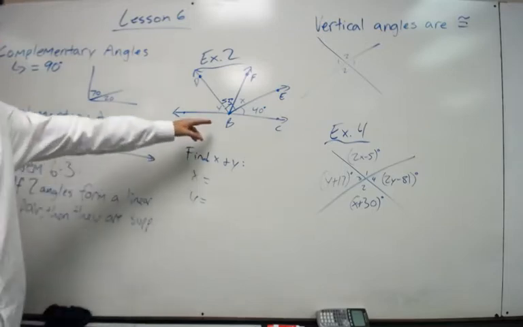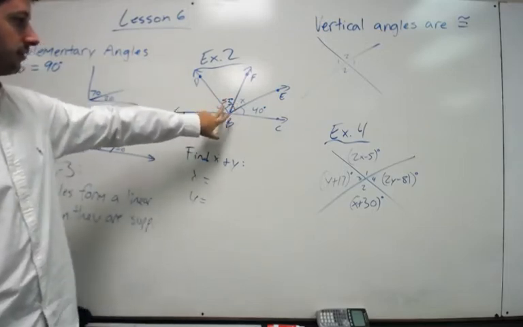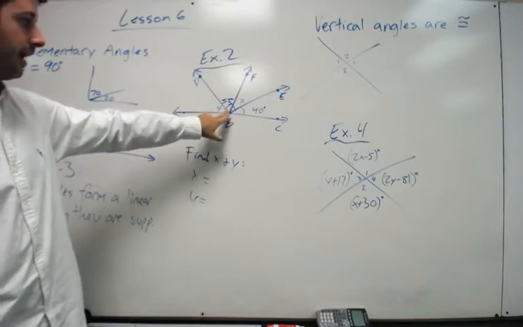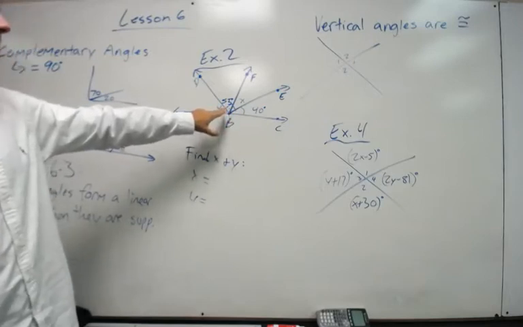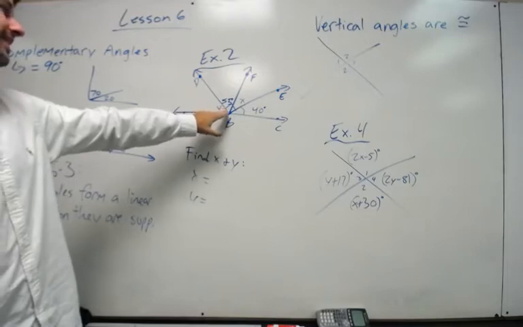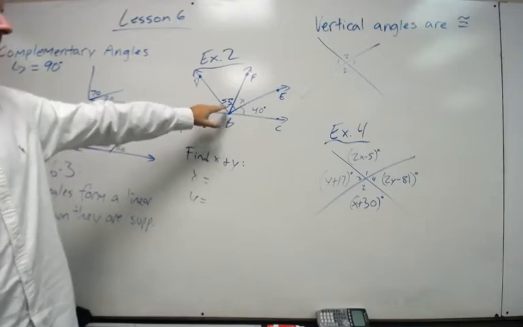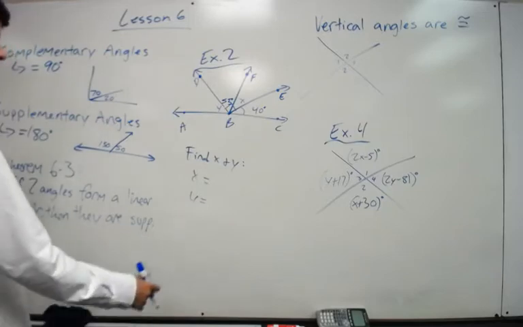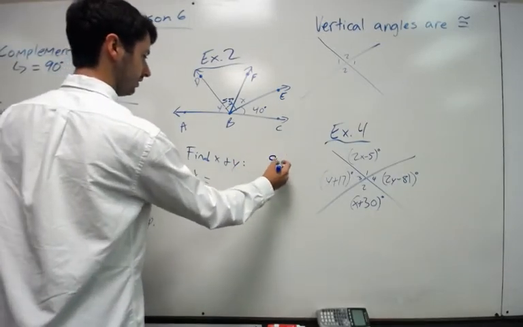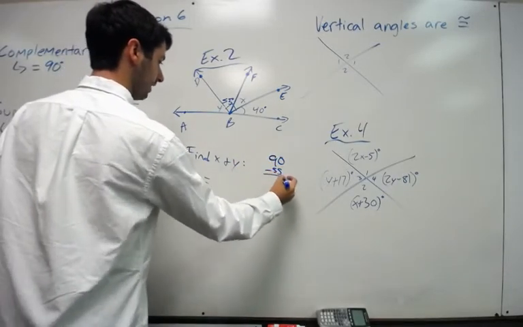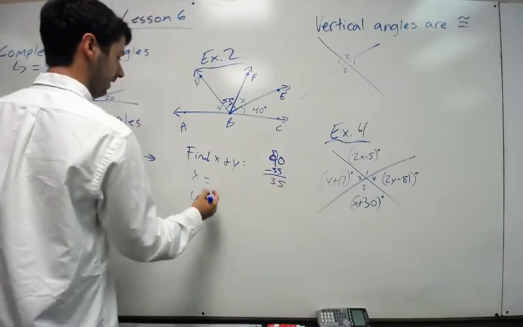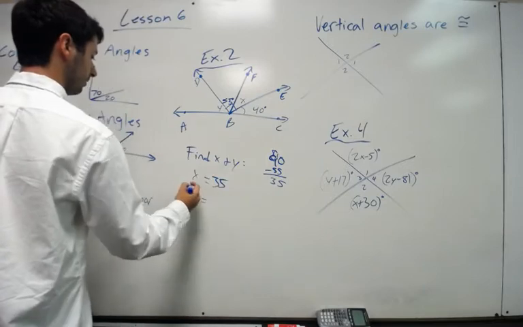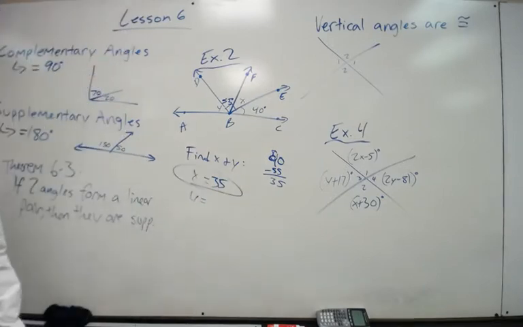So since we know that these two angles form a right angle, we know they are complementary. And if they're complementary, we know that they add up to be 90 degrees. So in order to find x, all we need to do is 90 minus 55, and we see that x equals 35. So we have one part of the answer.